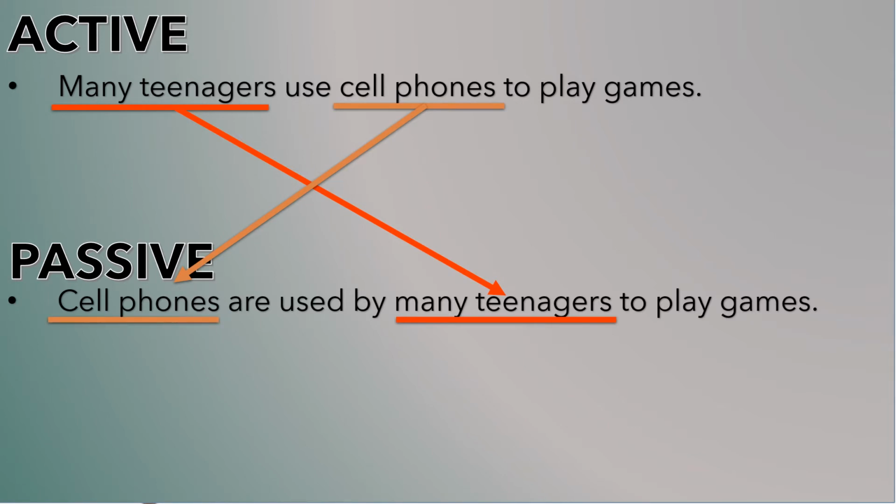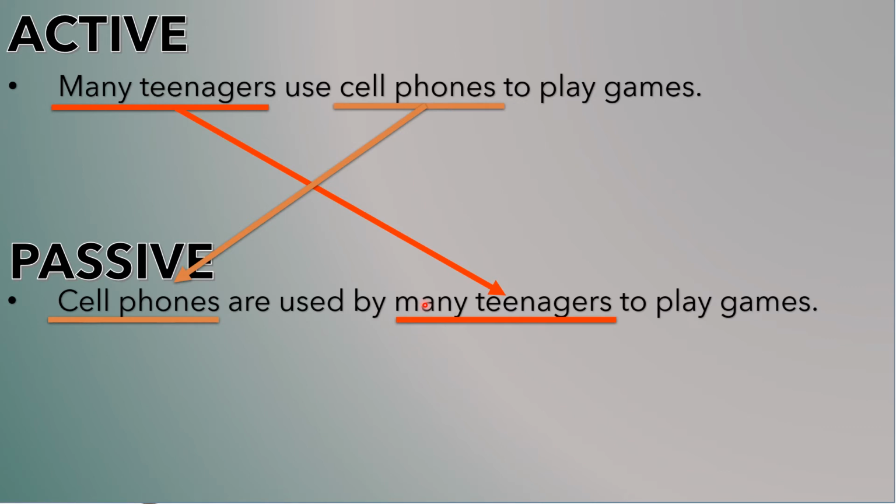Because remember, in passive voice we focus on the object. We want to focus on this, then this will need to come here as the subject. And of course, the verb needs to change because it's passive. And then the subject of active becomes the agent.